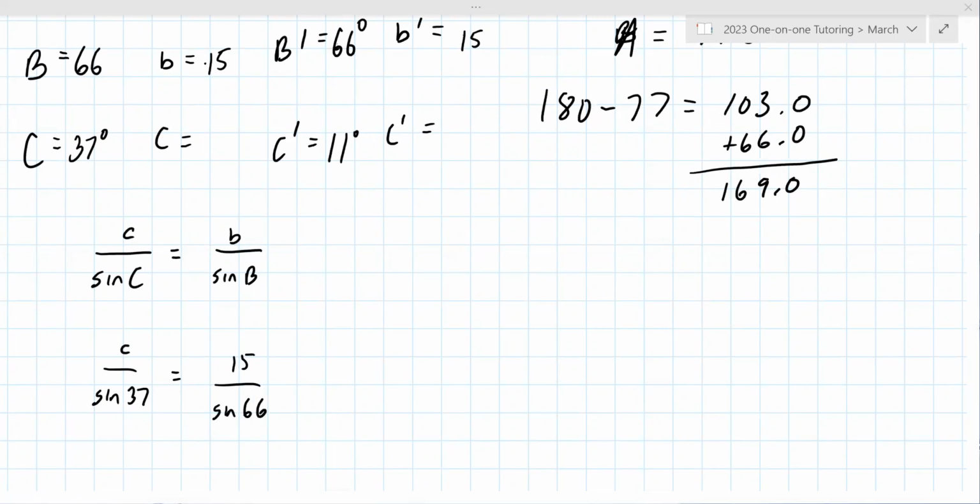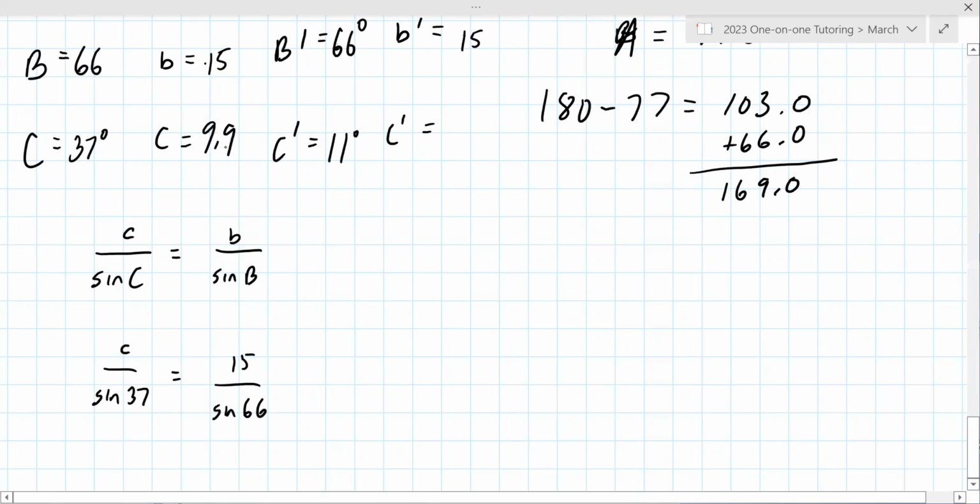And it looks like when you do that, you get about 9.9, 10-ish. 9.9 for c. And then for c prime, it's basically the same calculation. c prime over sine 11 equals 15 over sine 66.